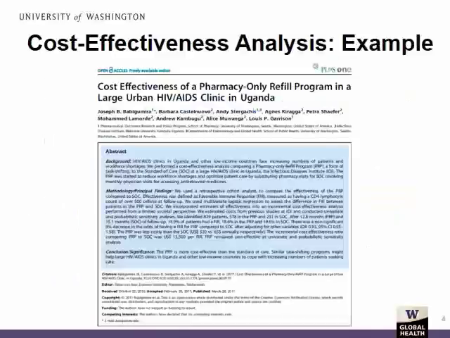Here's an example of a study that we did some years ago of a cost-effectiveness analysis. In the last part, I gave an example of a cost minimization in which we compared the costs of following up HIV patients. The big weakness in that study was that we assumed that outcomes would be the same if doctors or nurses saw patients on a month-to-month basis.